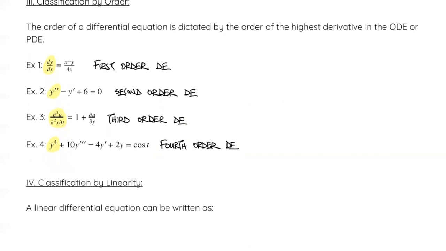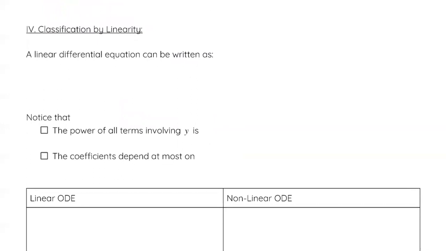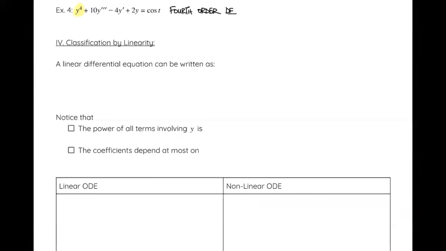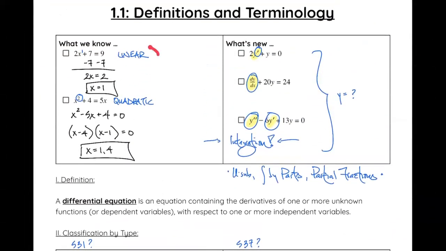All right. Another way that we can classify differential equations is by something called linearity. Earlier, I gave us an example of a linear equation, and we knew that it was linear because that power was 1. If we scroll back up, we knew this was a linear equation because there was a power of 1 there.